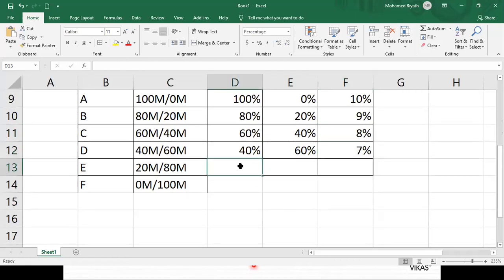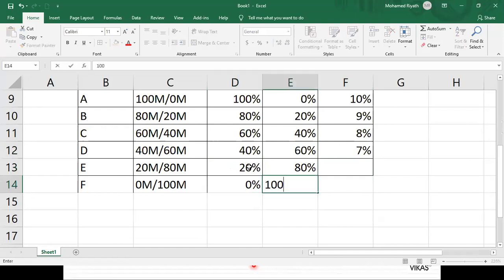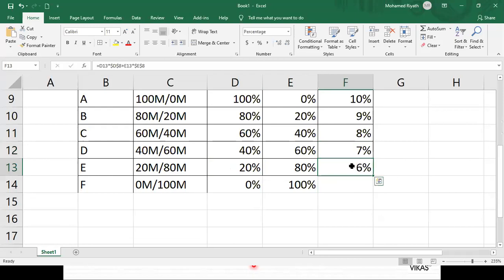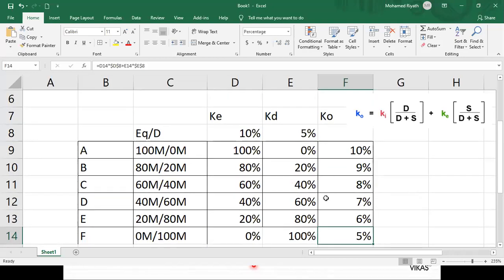Here 20%, here 80%. Then here and here 0% equity and 100% debt. Right, here 6 and here 0, right?